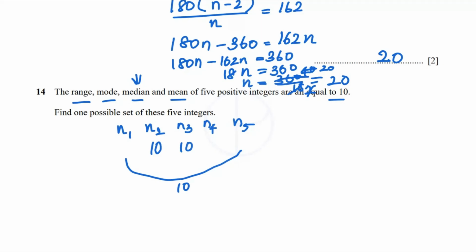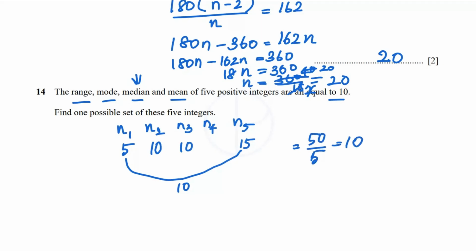Let's take a random number less than 10, as 5. The difference between n1 and n5 is 10, so this will be 15. And the mean is also 10, that is 50 divided by 5.